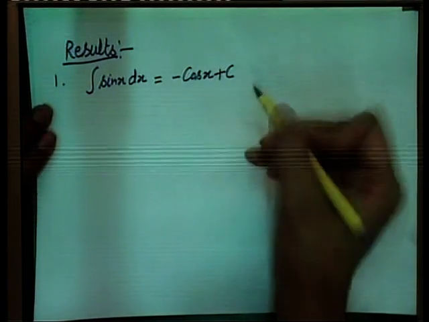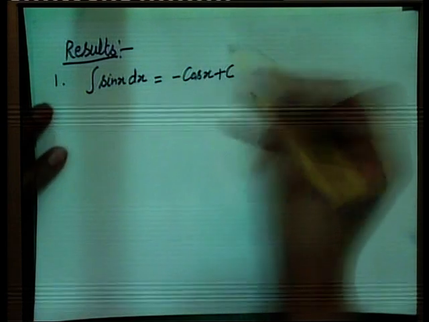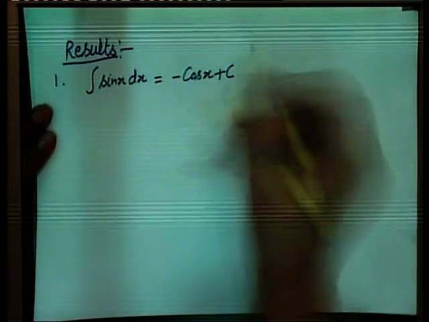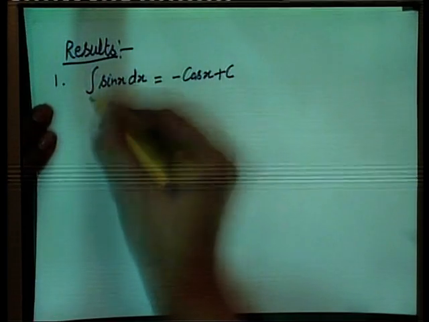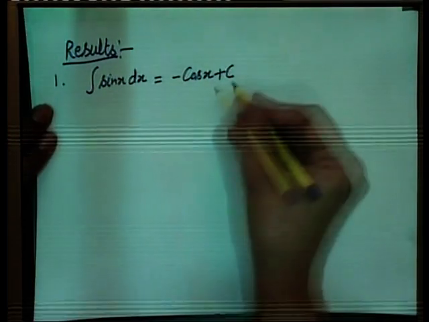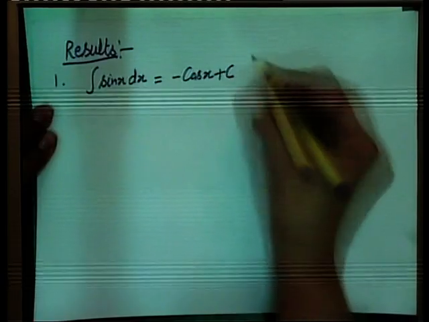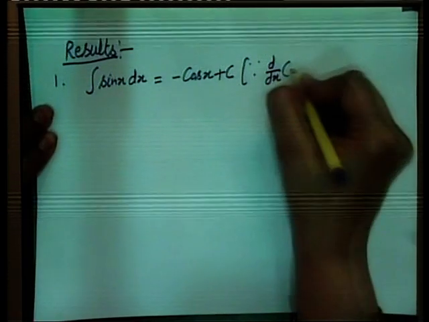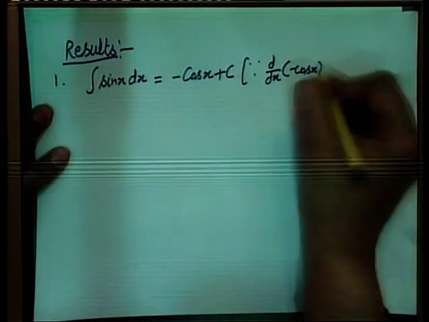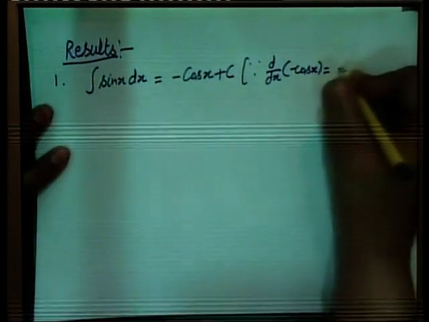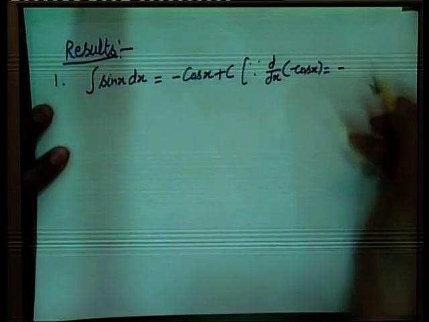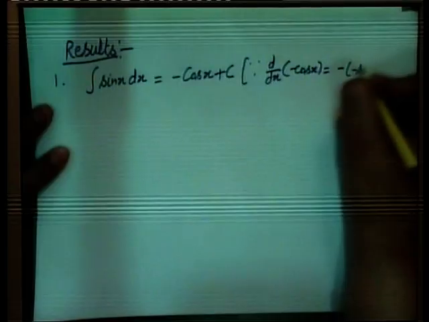In the last lecture, you have studied that integration is the inverse of differentiation. That is why the integral of sin x dx is minus cos x plus c, because derivative of minus cos x is equal to, by taking minus sign outside, we know already that derivative of cos x is minus sin x.